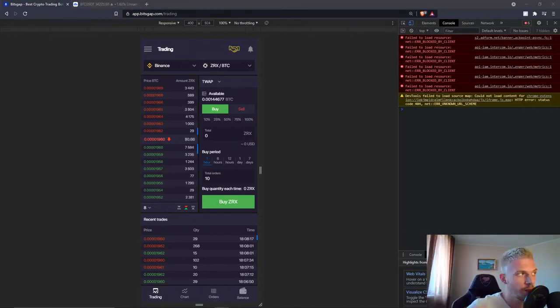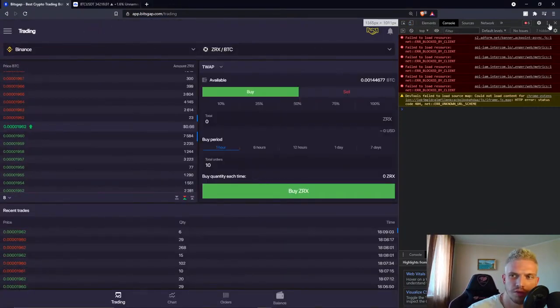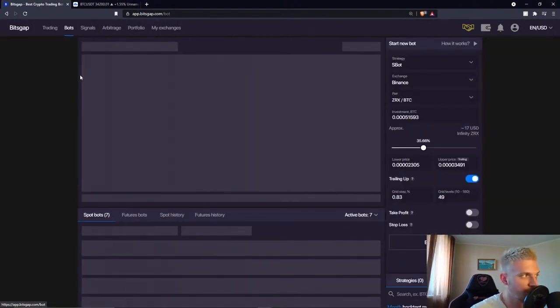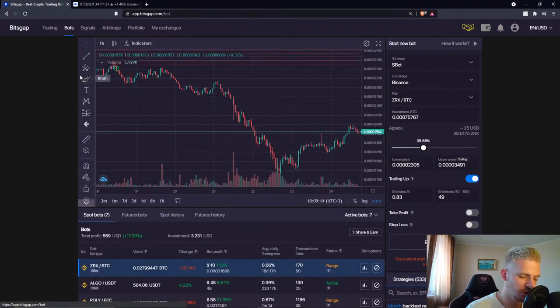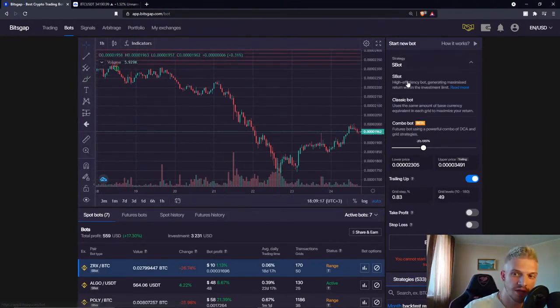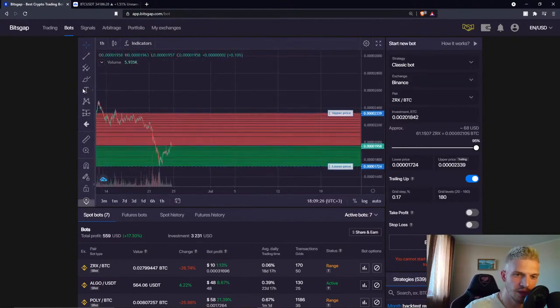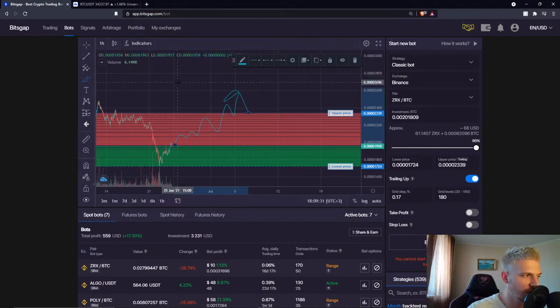This feature is partially already implemented, and let's go back to the desktop mode. Let me close this. So the reinvestment feature is once again partially already implemented in the classic bot. If you remember the algorithm of the classic bot, then you know that as the price appreciates, the classic bot always buys and sells the same amount of coins.